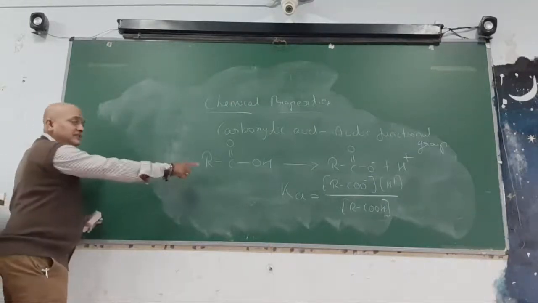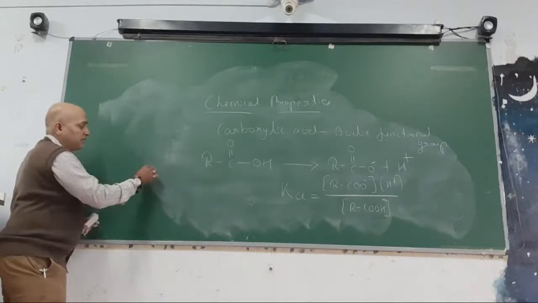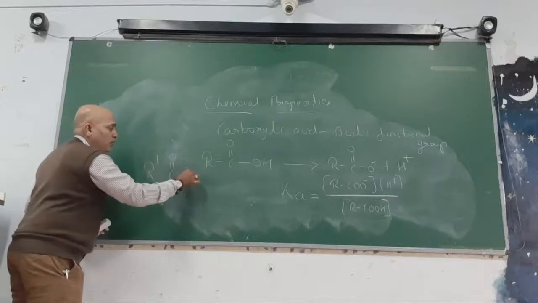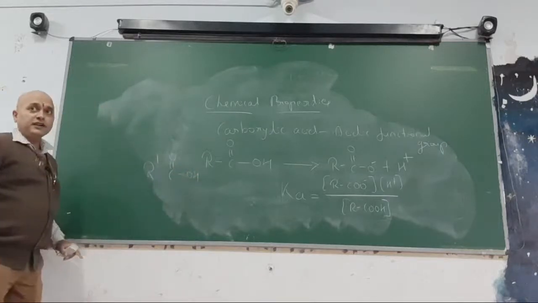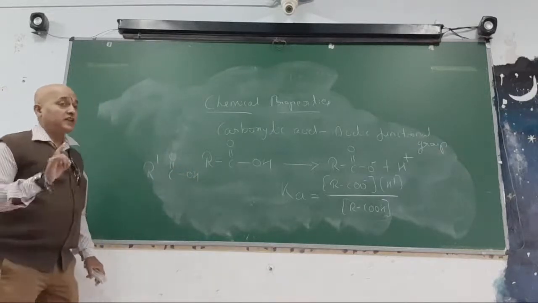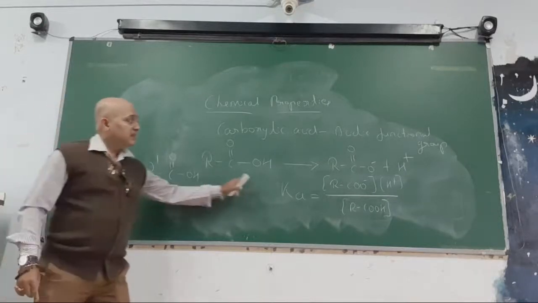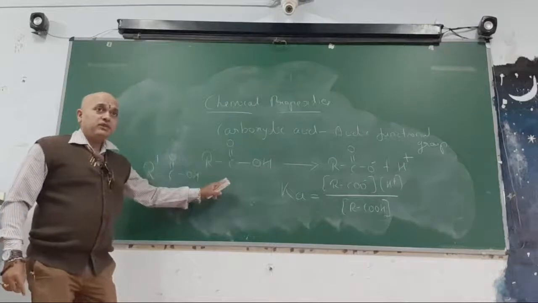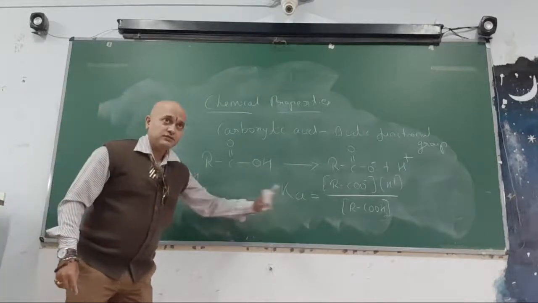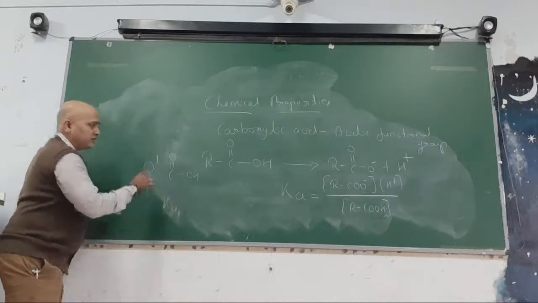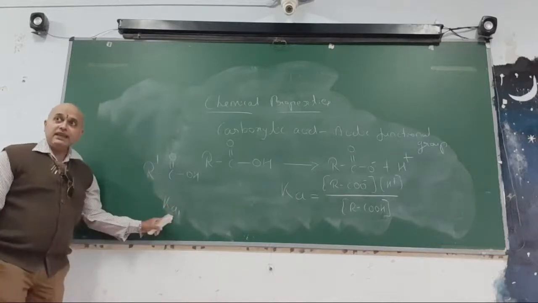I have two acids. Let one be RCOOH, and the other R prime COOH. Try to understand this. Everything we have already discussed in first chemistry. So this is the carboxylic acid, and this is the dissociation constant. Same way, for this one I will take it as Ka1.